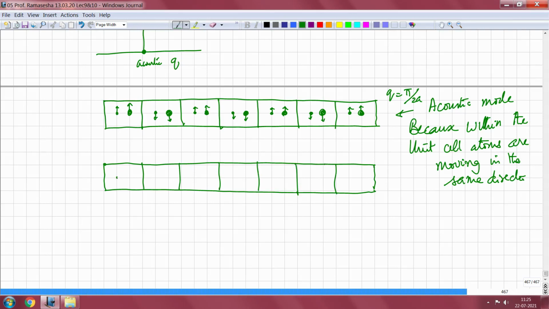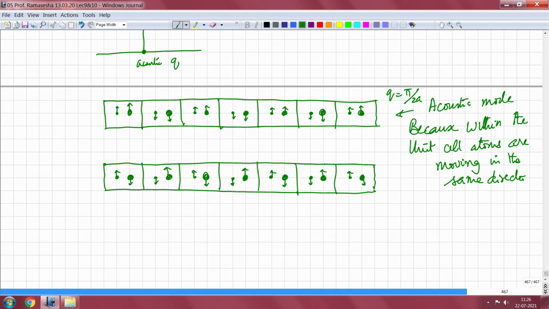In the optic mode, this will move up, this will move down, and this will move down, this will move up, and so on.